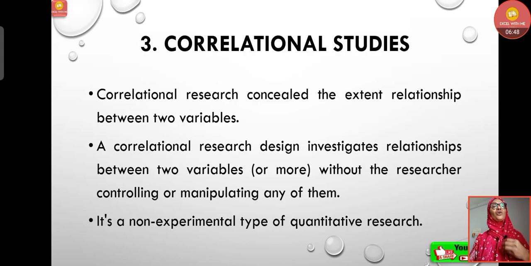Now, the third one is correlational studies. Correlational research examines the extent of the relationship between two variables. A correlational research design investigates the relationship between two or more variables without the researcher controlling or manipulating any of them. It's a non-experimental type of quantitative research.